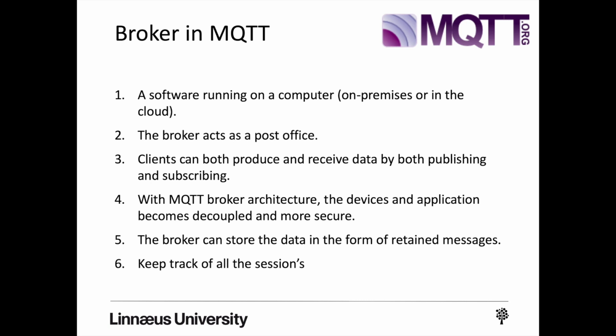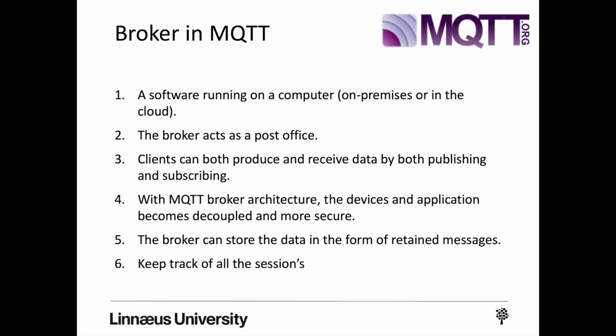With the MQTT broker architecture, the devices and applications become more decoupled and more secure. MQTT can use some encryption, and there might be a username or password for the connection. The broker can also store data in the form of retained messages.